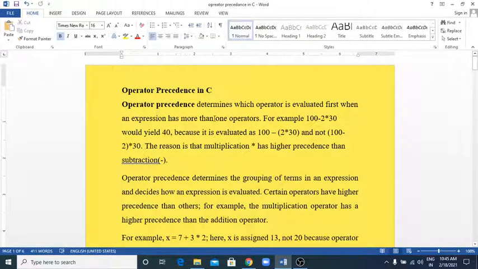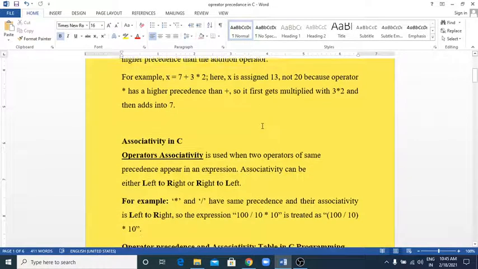Operator precedence determines the grouping of terms in an expression and decides how an expression is evaluated. And associativity is used when there are two or more operators of the same precedence, to decide whether they associate left to right or right to left.